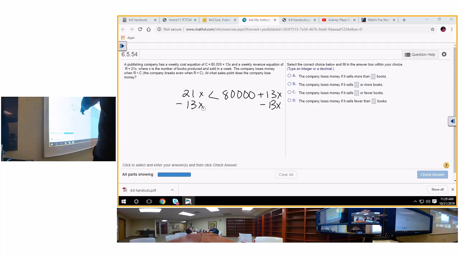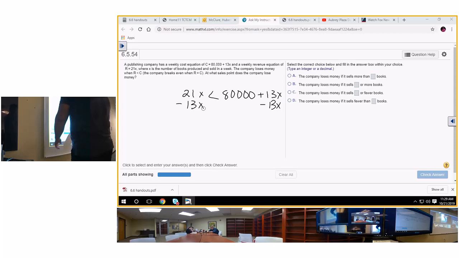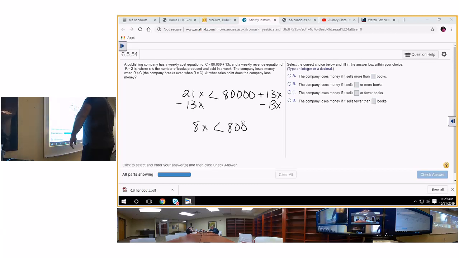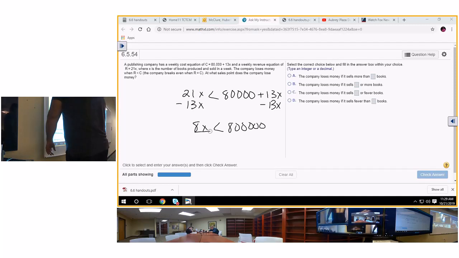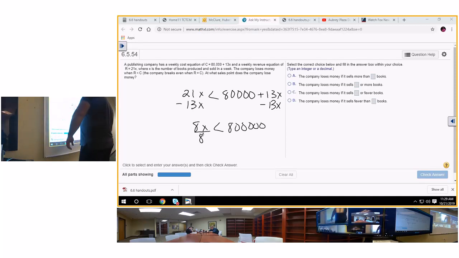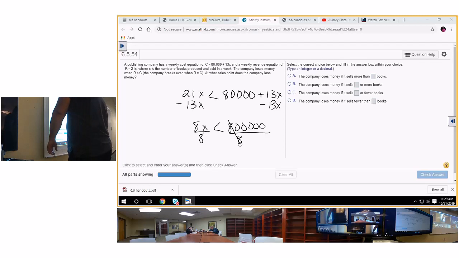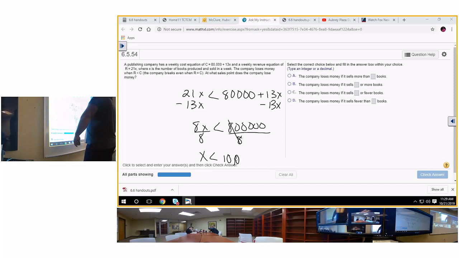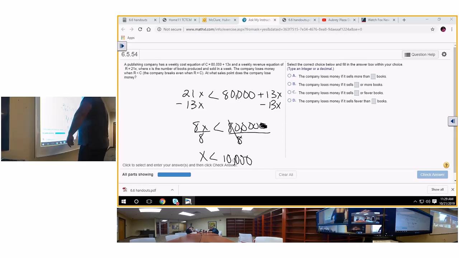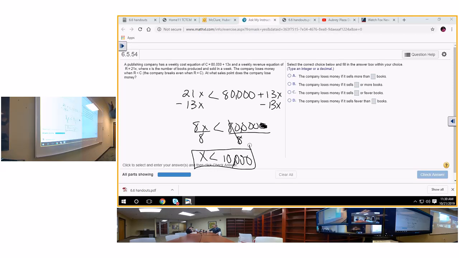21 minus 13 is what, 8? We might need a calculator for this. Divide by 8. X is less than what? 100,000. Did I put too many zeros on this one? Yeah, I did. Is it 80,000? So that'd be 10,000. So x is less than 10,000.